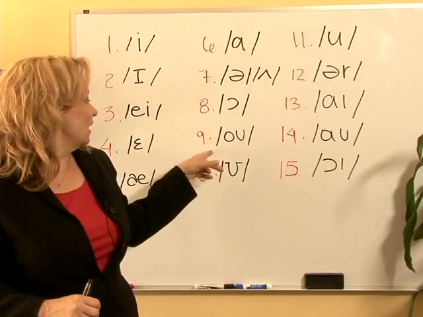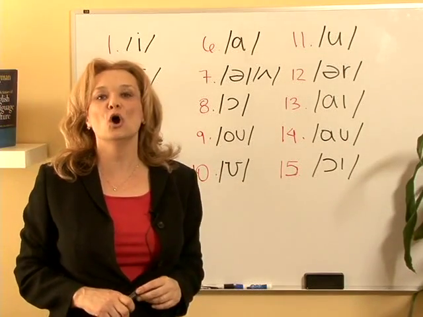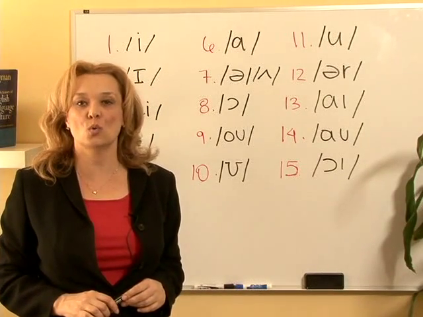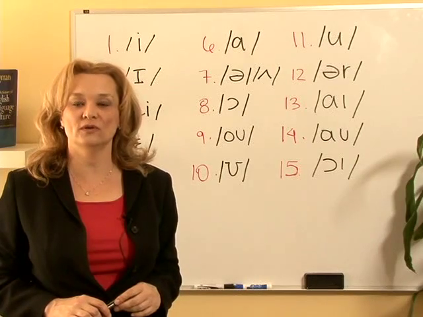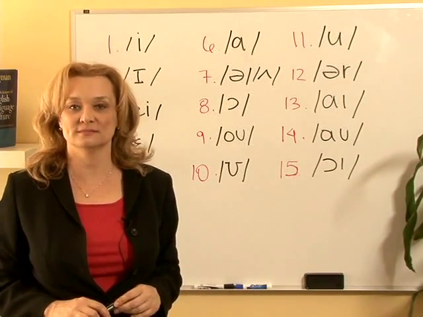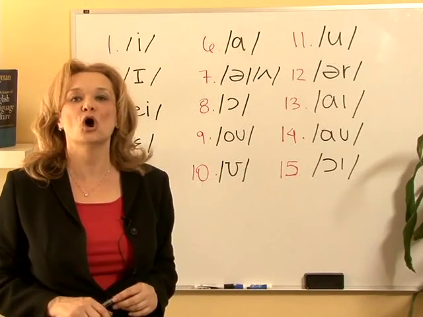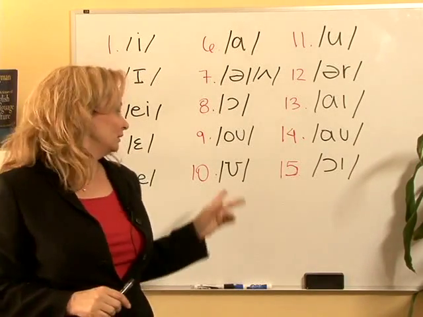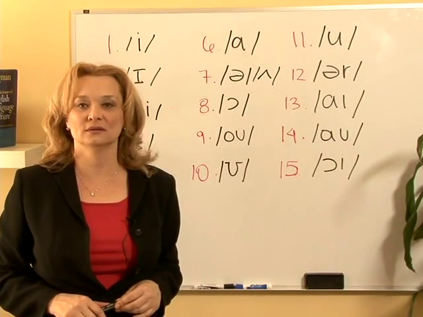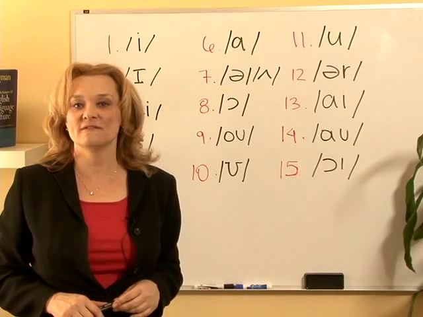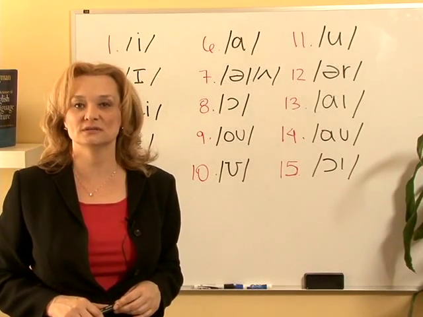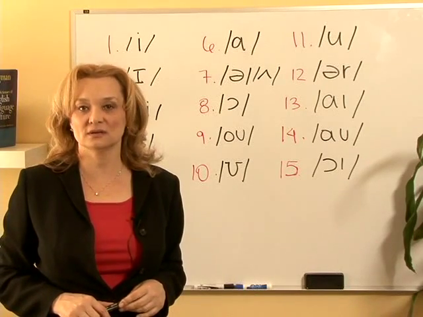Okay? Vowel number 9, O: go, drove, slow, moment. Repeat after me. O. Vowel number 10: book, foot, pull, push, took.